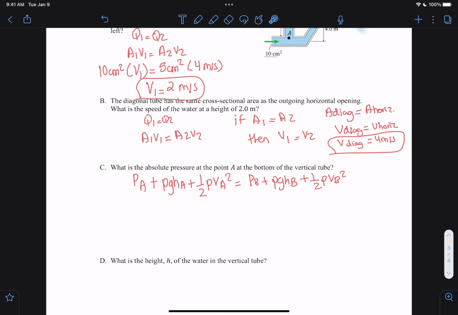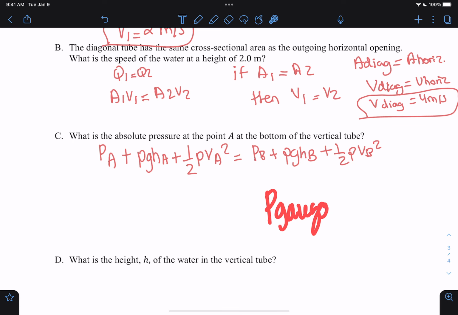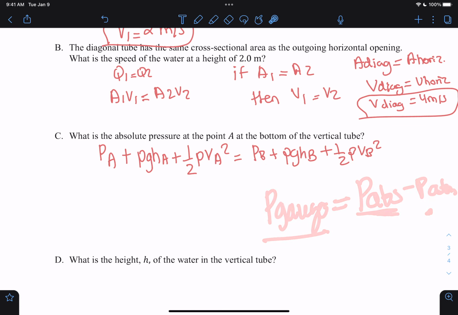So remember, 760 millimeters of mercury, 760 torr, would be your atmospheric pressure as well. But P gauge is equal to your absolute minus your atmospheric, right? Well, if your absolute just so happens to be your atmospheric, then what should be your P gauge? If the absolute is equal to the atmospheric, then P gauge should be 0.